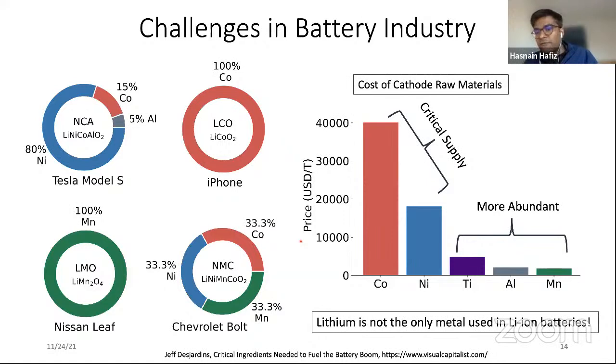Such high demand of cobalt and nickel also reflects on the raw material cost of battery cathodes, which is very critical for the current industry. And you can see that their prices are really high compared to other more abundant materials such as titanium, aluminum, or manganese. Therefore, significant attention goes to these kinds of low-cost, more abundant materials.